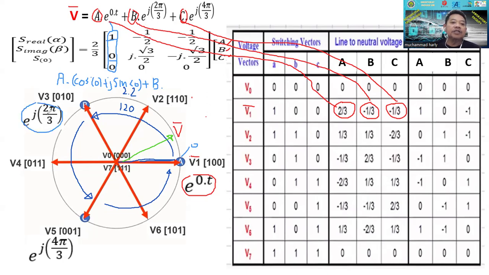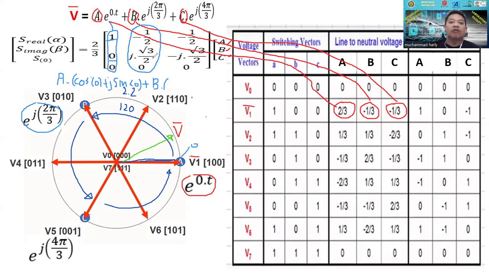The position of now in the next sector, I mean the P3, the position of this vector is this: minus a half, and j square root of 3 over 2.